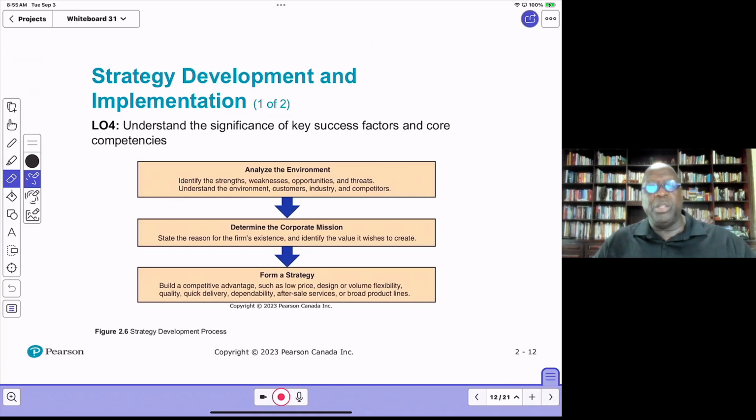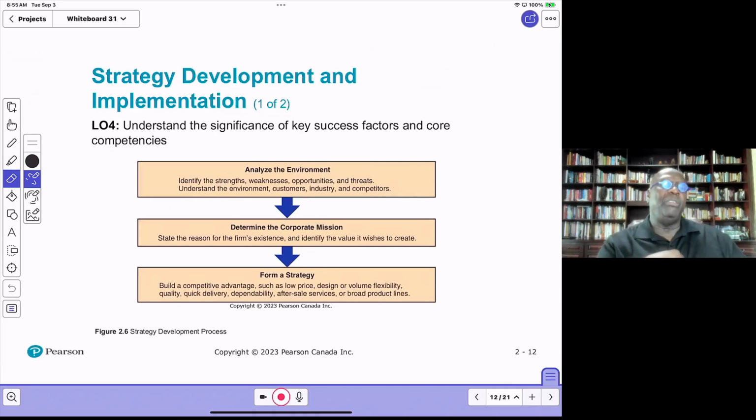Then you want to explore or re-examine your mission. Now it says determine the mission, but the reality is that when companies develop, you don't do an environmental scan first. You usually create a new organization in response to some need that you've identified, and then you decide what your purpose is going to be.